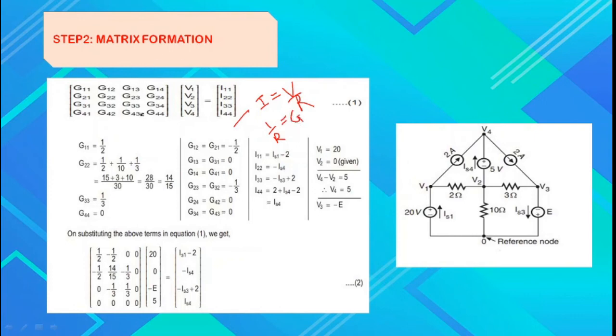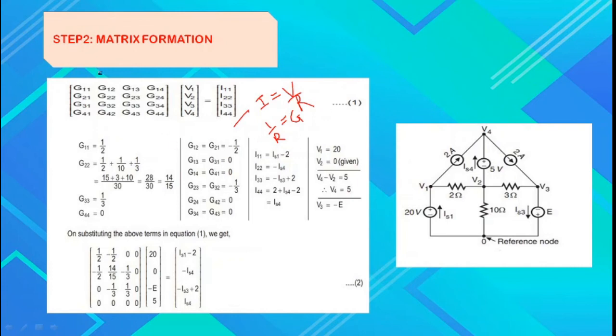So that is what we have used here, conductance matrix. So while calculating the G matrix, the resistance will not be added directly. Instead, we will use 1 by R, that is the inverse of all the resistance values here.